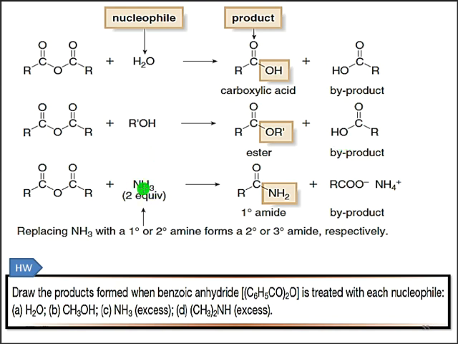And with ammonia it will also attack from this side, and this will be removed. That means we have the amide product and a byproduct, the carboxylate anion as a salt here. That means if you use water, you have a carboxylic acid side product. If you use ethanol, you have a carboxylic acid side product. If you use an amine, you have a carboxylate anion side product.